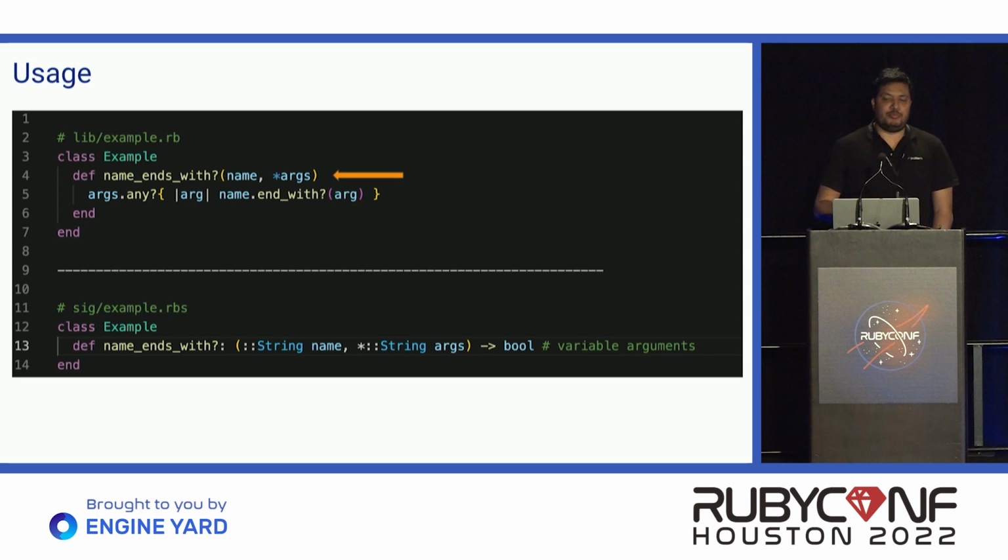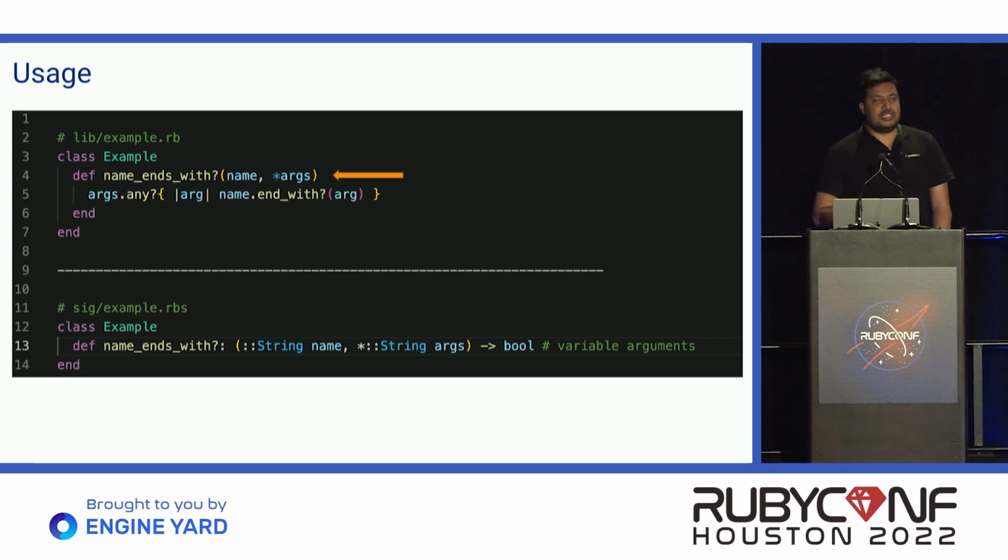Let's take another example where our function can have a variable number of arguments. Here we have an example class which has a function named ends_with, and the name argument is fixed, and then we are going to have a variable number of arguments using the splat operator.